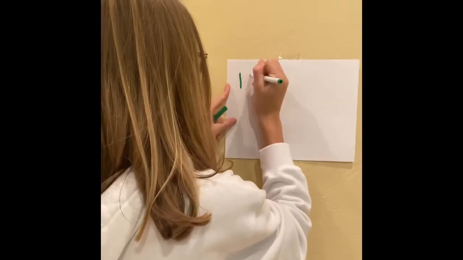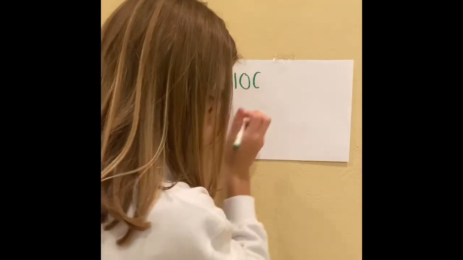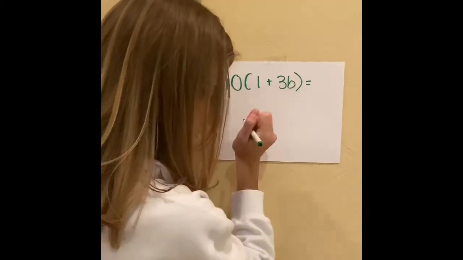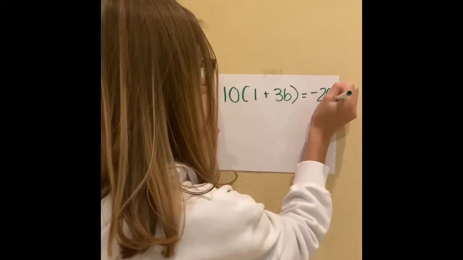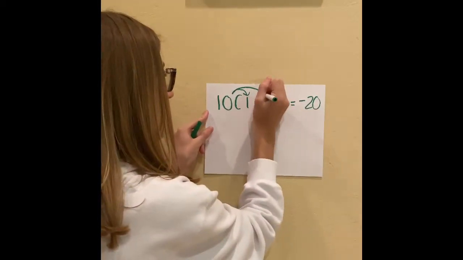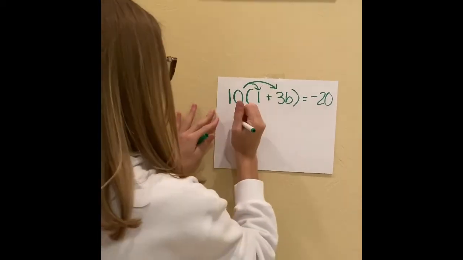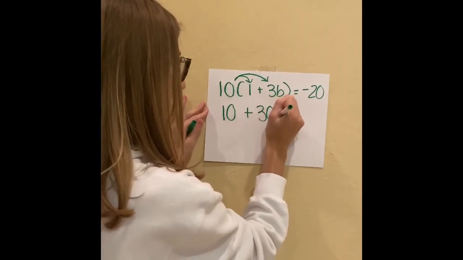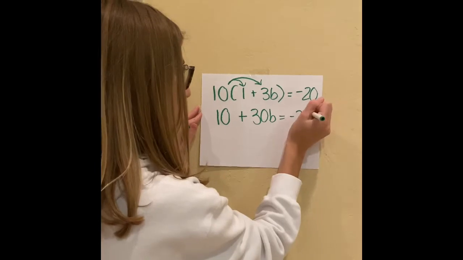The next problem that I'm going to be doing is another distribution problem. So this is 10(1 + 3b) = -20. So we're going to take this 10 and distribute it to the 1 and the 3b. So we get 10 + 30b = -20.